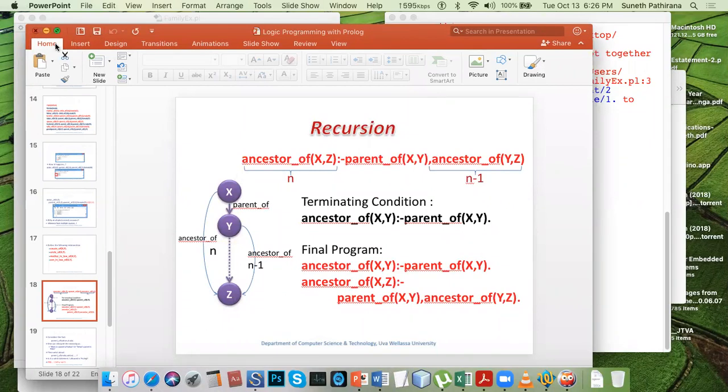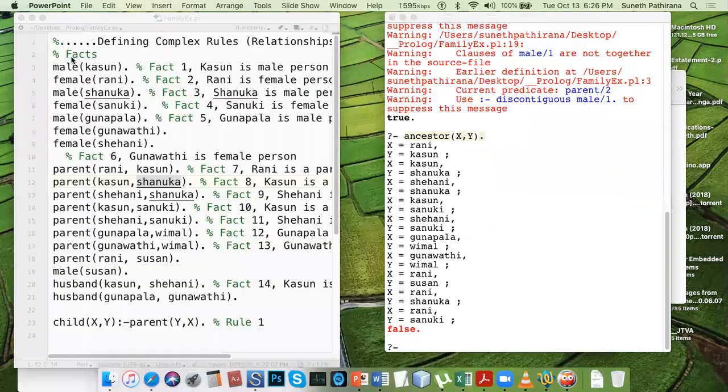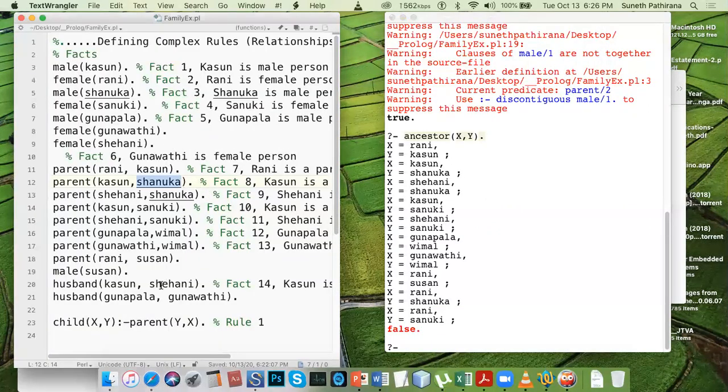That means, for an example, we will try to modify this program. Okay, I will introduce Gunapala, and Gunapala's son Vimal, Vimal's son Shanuka.